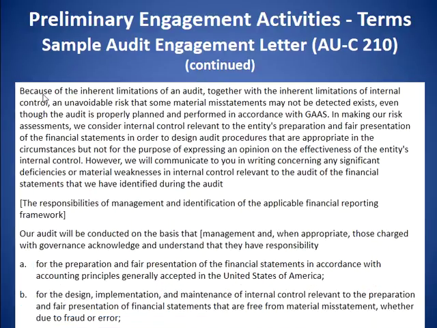And again, as it says up here, because of the inherent limitations of an audit and internal control, we can't guarantee that we won't fail to detect material misstatements. Then it goes on to the responsibility of management and the identification of the applicable reporting framework.